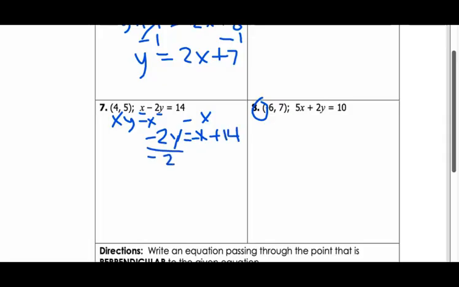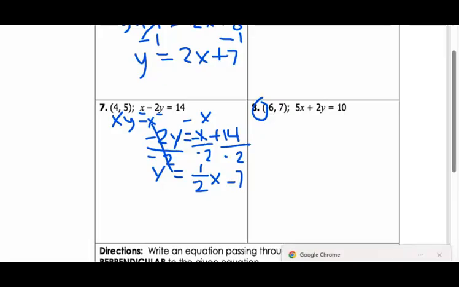We have to divide by negative 2 on all of it. So we've got y equals 1/2 x. That's positive. And then let's do 14 divided by negative 2, which is negative 7. All right, now we've got it into y-intercept form.